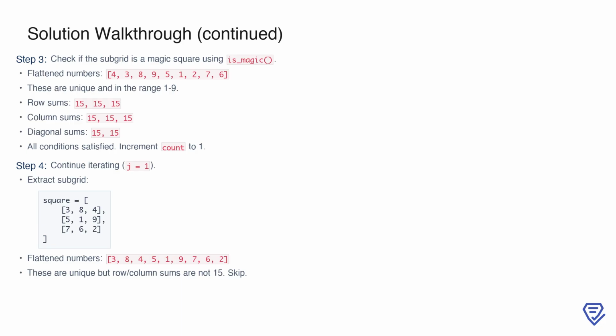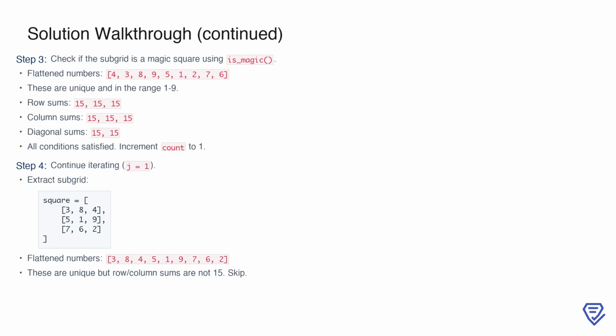First, we flatten the subgrid into a single list of numbers: 4, 3, 8, 9, 5, 1, 2, 7, 6. These numbers are unique and fall within the range of 1 to 9, which is a critical condition for a magic square. Next, we calculate the sums of each row, each column, and the 2 diagonals. All row sums are 15, all column sums are 15, and both diagonal sums are also 15. Since all conditions are satisfied, we increment the count variable to 1.